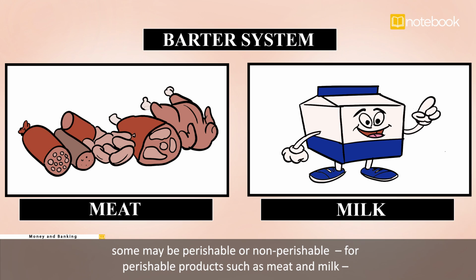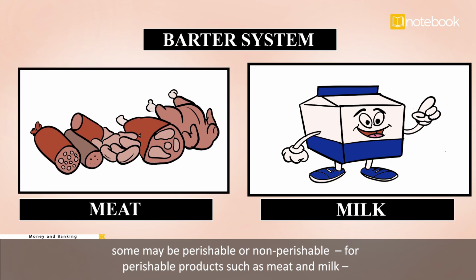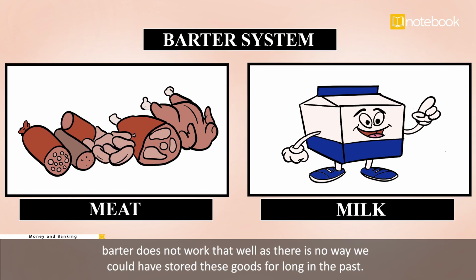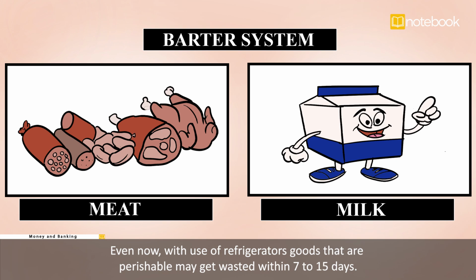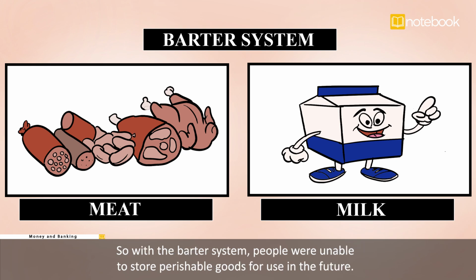Some may be perishable or non-perishable. For perishable products such as meat and milk, barter does not work that well, as there is no way we could have stored these goods for long in the past. Even now, with use of refrigerators, goods that are perishable may get wasted within 7 to 15 days. So, with the barter system, people were unable to store perishable goods for use in the future.